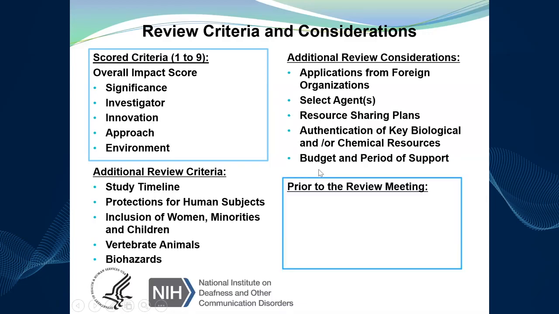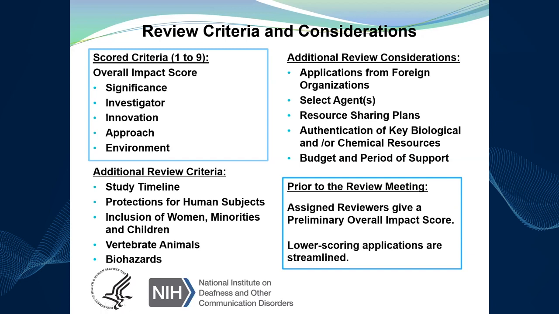And so before the meeting, the reviewers will ultimately come to a preliminary overall impact score for your application. And this is not going to be a numerical average of each of the scored review criteria, but an overall assessment of the impact of your research on the field.